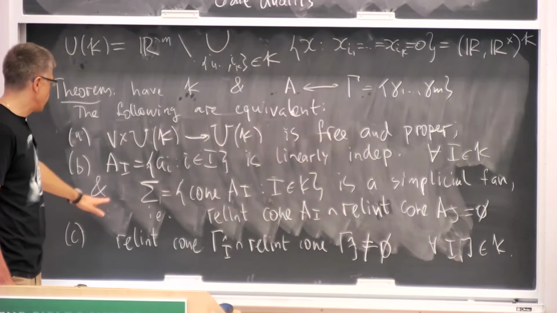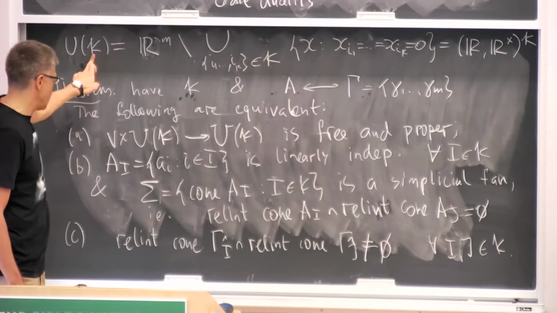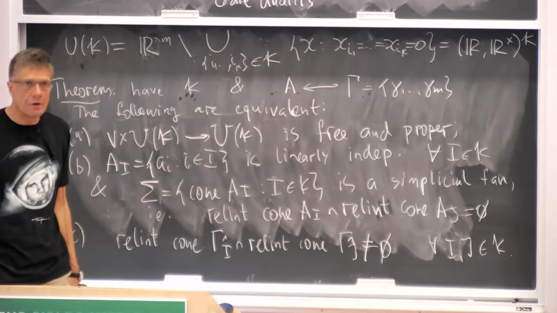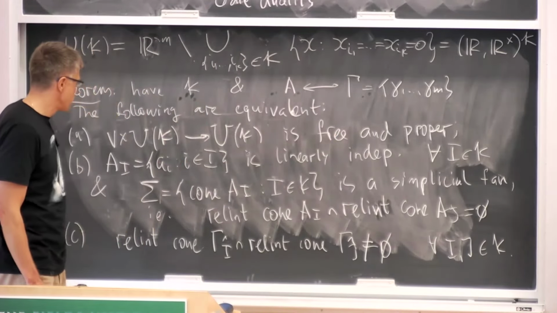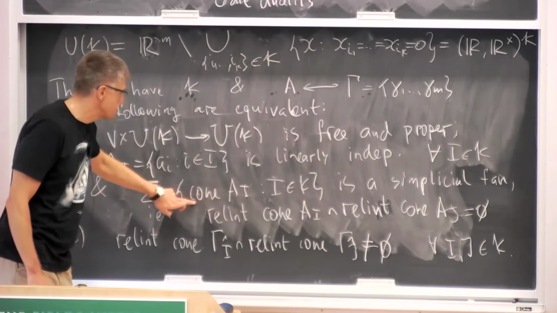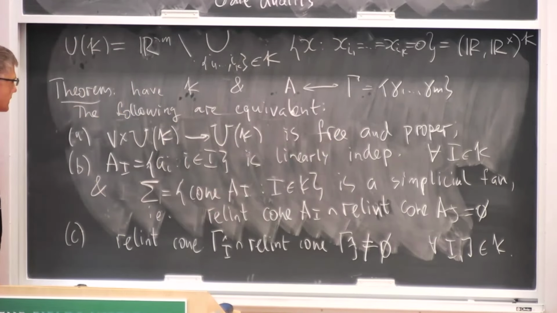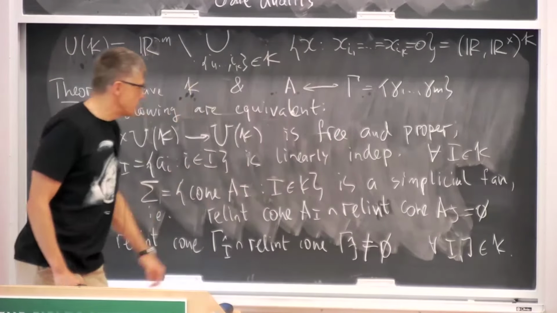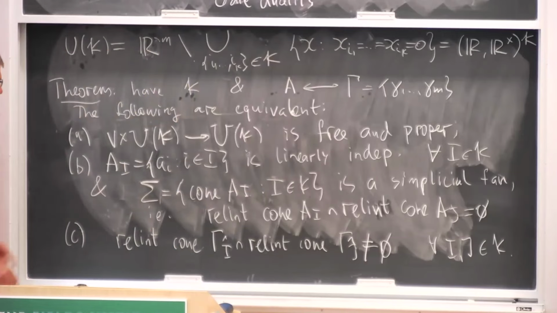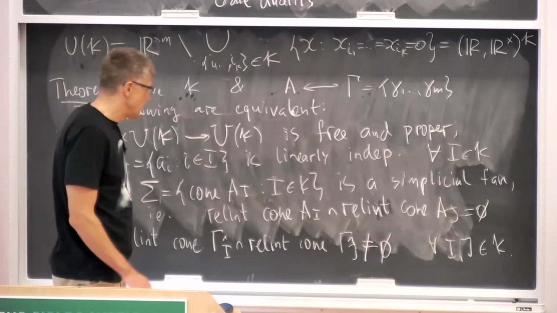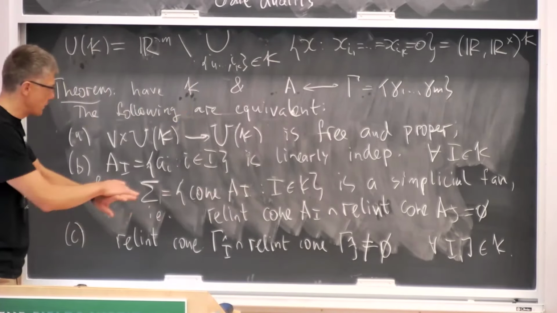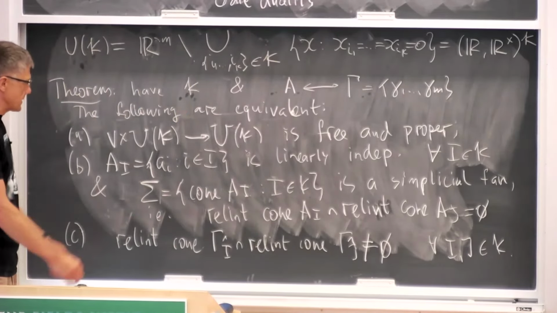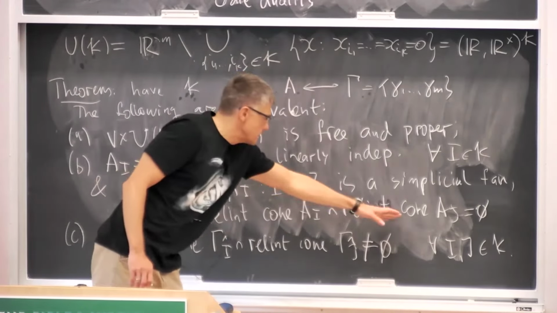Secondly, that this data, the simplicial complex together with a vector from your A configuration, form a simplicial fan. So this collection of cones spanned by subsets in your configuration corresponding to simplices in your simplicial complex form a simplicial fan. Or in other words, this relint means relative interior, so that's the interior in the ambient affine space.